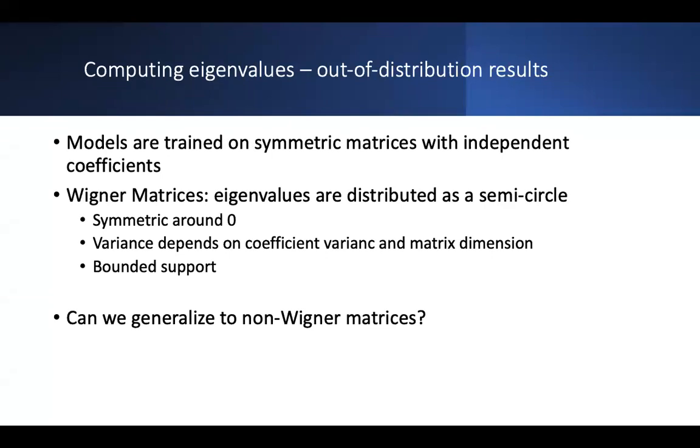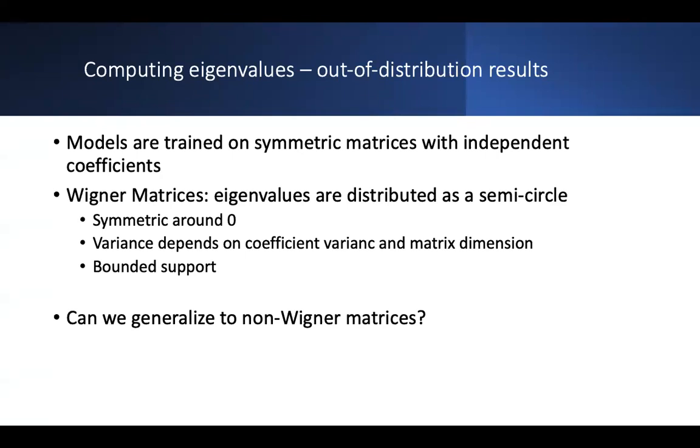So another thing I wanted to do with my linear algebra is just computing the eigenvalue problem. So I'm training all my models on symmetric matrices with independent coefficients. And we know that those matrices are Wigner matrices, and they have a very strong constraint in the distribution of their eigenvalues. Eigenvalues are distributed as a semicircle, symmetric around 0.